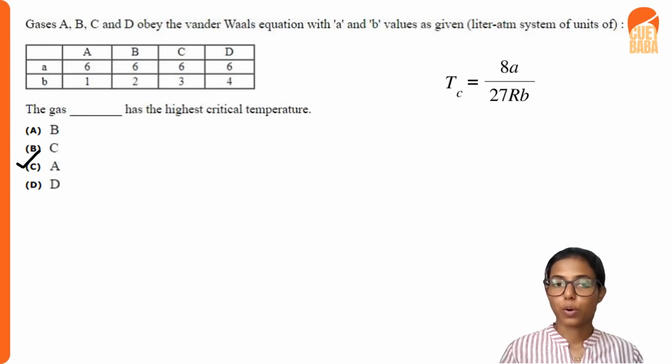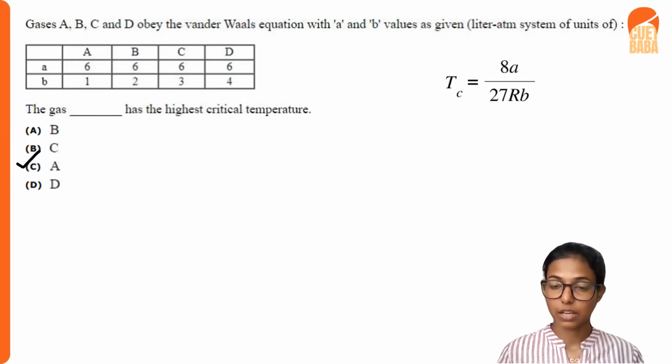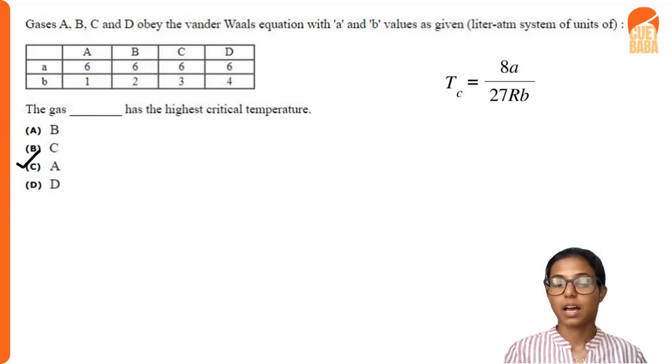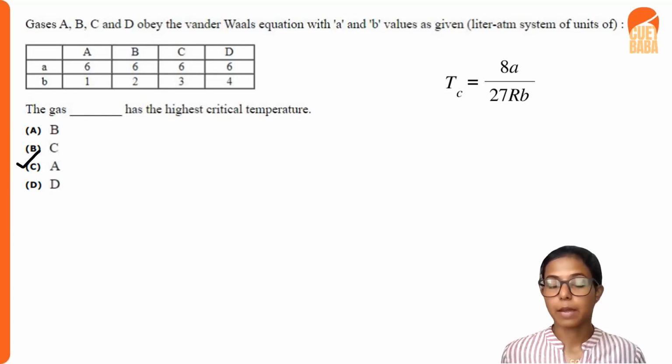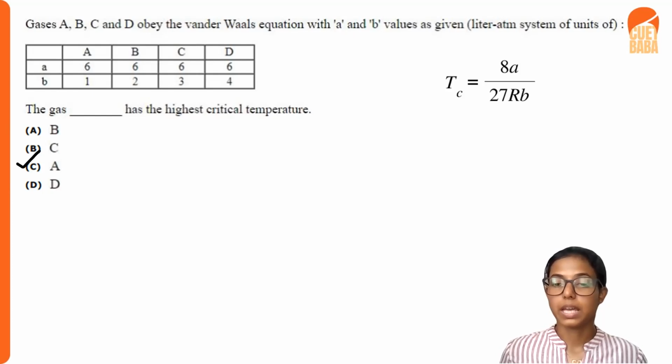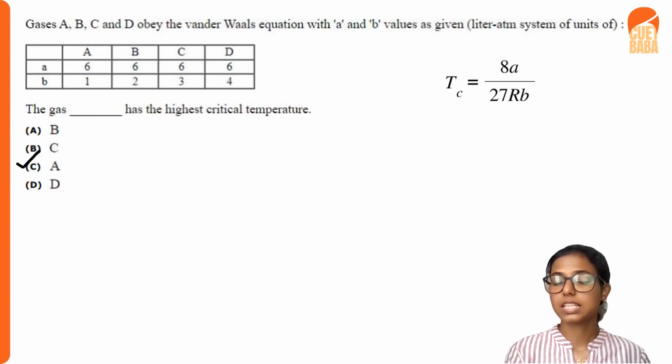According to the van der Waals equation, we know that the critical temperature of a gas is given by Tc equal to 8a by 27Rb. So Tc is proportional to a by b, and here we can see the a value of all the gases is 6, that is the same, only the changing value is b, and Tc is inversely proportional to the value of b.